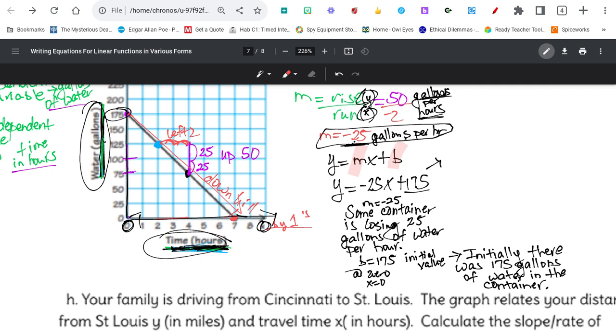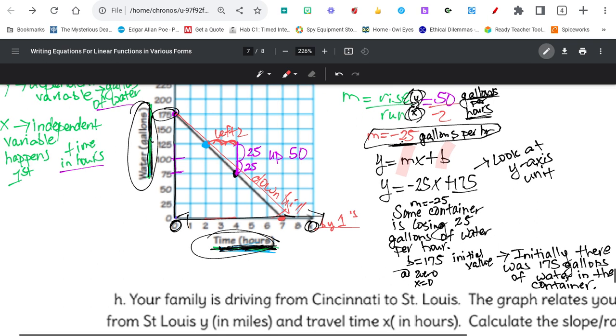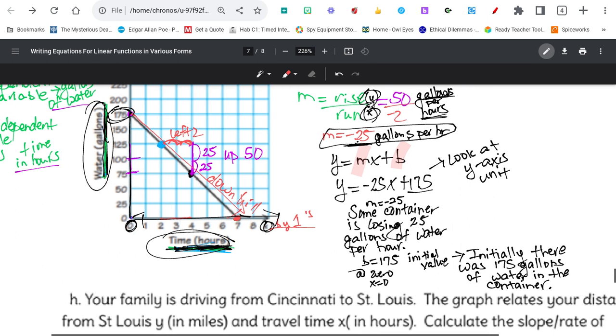Look at the y-axis unit, and it'll tell you what that means. 175 gallons of water, and it's always going to be at 0 whatever it's talking about down here. Like this was at 0 hours.